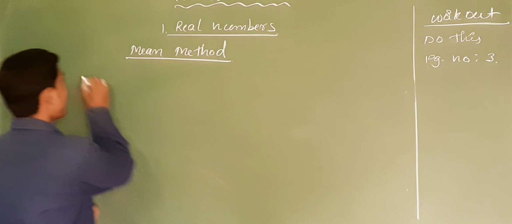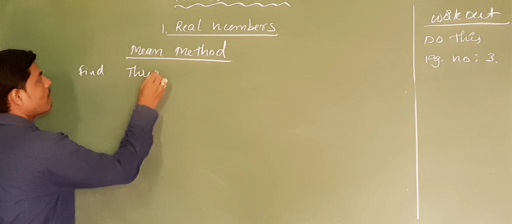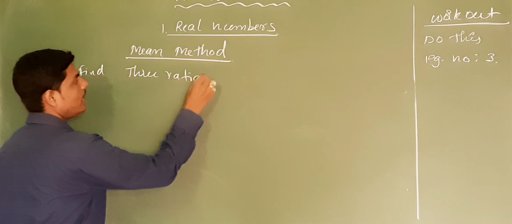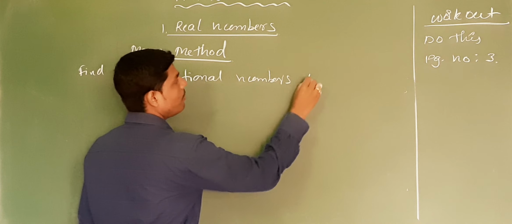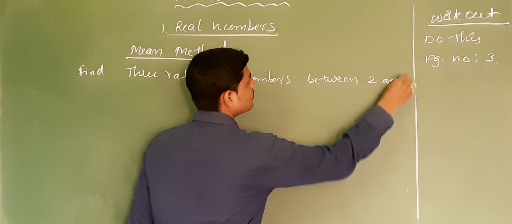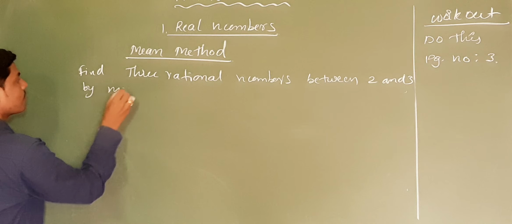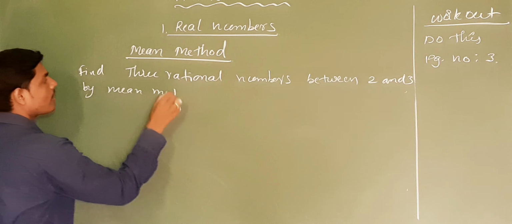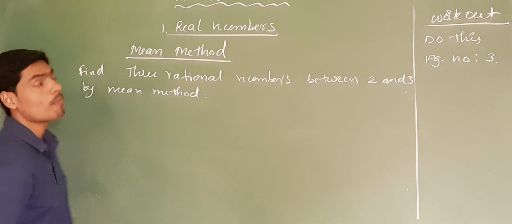Now find three rational numbers between 2 and 3 by the mean method. You can take one formula here.